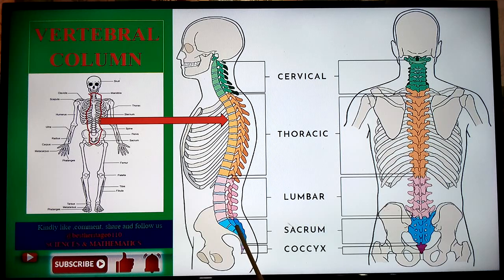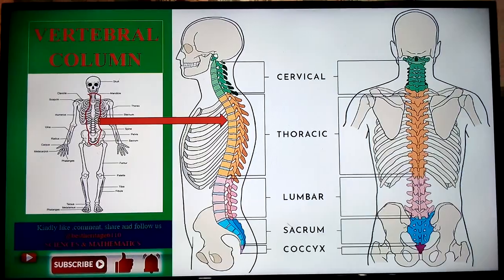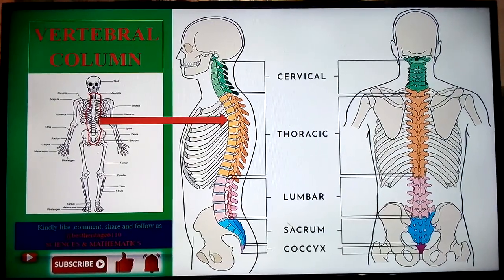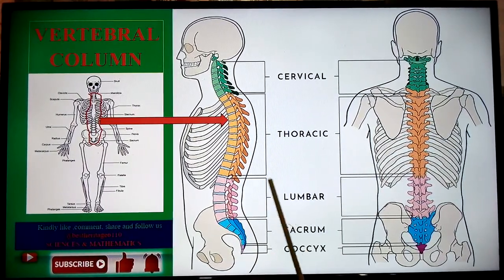In addition to that, we have the sacrum and the coccyx, which form part of this vertebral column that I'm illustrating. In some literature, we're going to see this being referred to as the spine. So in any case, if we come across that, we'll understand that it is in reference to what we have already mentioned.